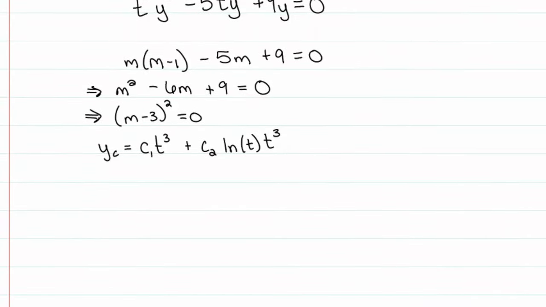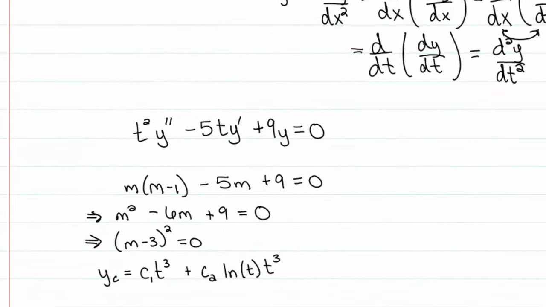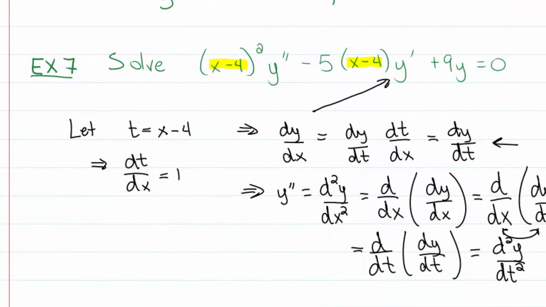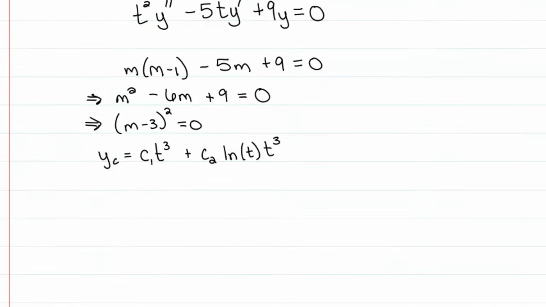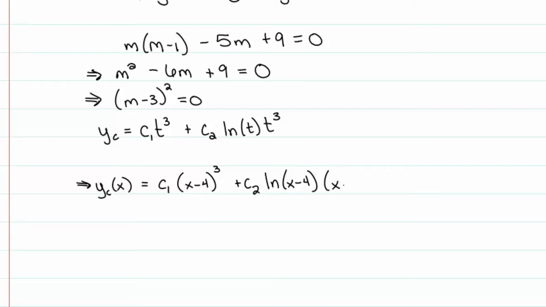That's absolutely correct. Now, we didn't start in the world of t's, so we cannot end in the world of t's. We have right here that t is equal to x minus 4, so wherever we see a t in there, I'll replace it with an x minus 4. So that implies that our y sub c with respect to x is c1 times x minus 4 cubed plus c2 natural log of x minus 4 times x minus 4 cubed.